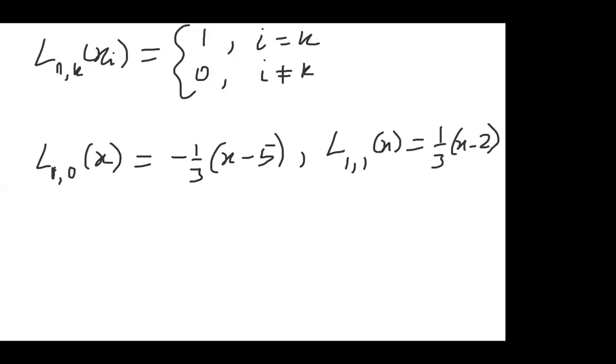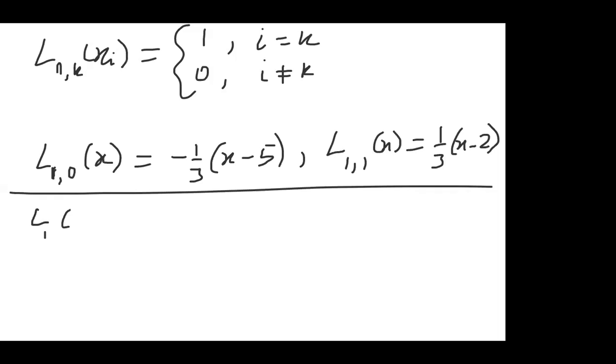Okay, so let us verify if that property is satisfied in this case. So we need to find L10(x0). In this case, I can see that these values are equal, the i and the k, 0 and 0 there. So what value is it going to give me?